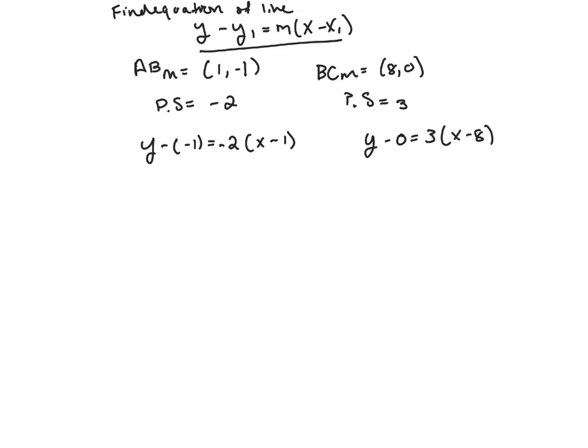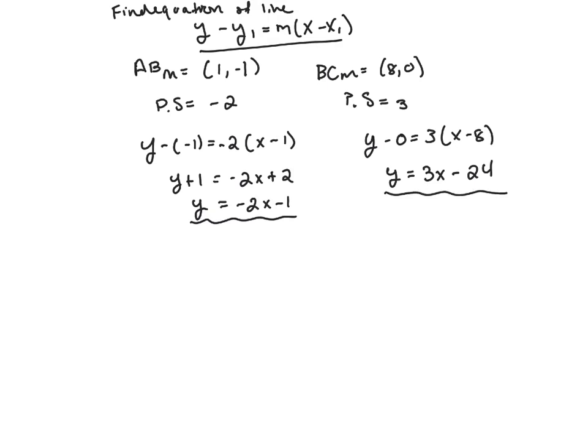So we have y plus 1 equals negative 2x plus 2, so y is equal to negative 2x plus 1, because we subtract that 1. This one reduces to y equals 3x minus 24, because the 0 cancels out and we distribute the 3 to that parentheses.